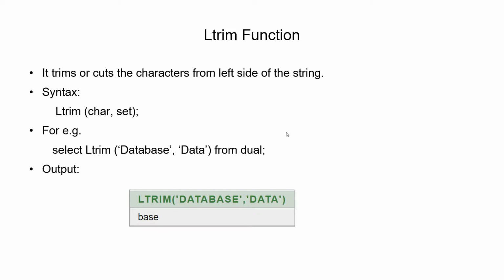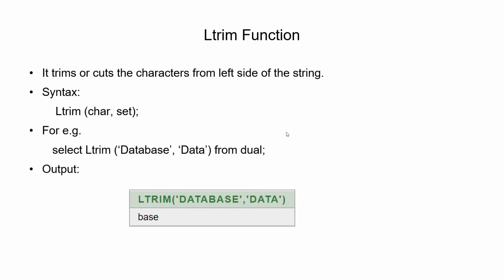The next function is LTrim. Trim means to cut. So it trims or cuts the characters from the left side of the string. The L stands for left side. The syntax is LTrim, in brackets, char comma set. Char means it is the input string from which you want to cut. And set means which set or which characters you want to cut from the input.